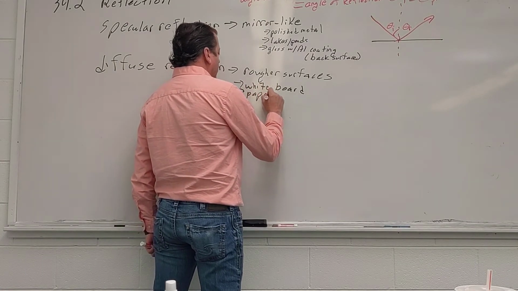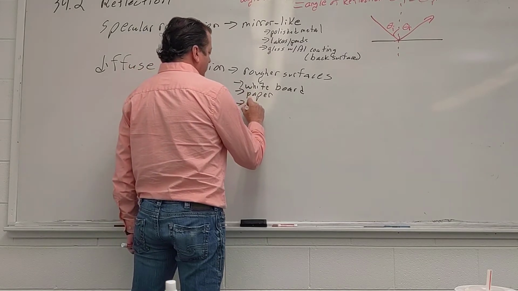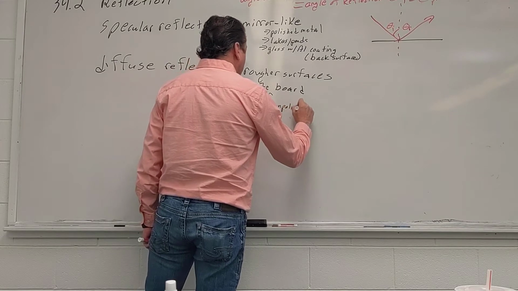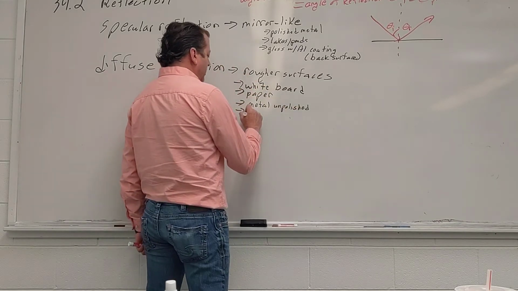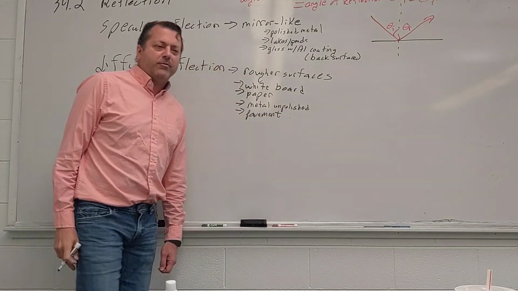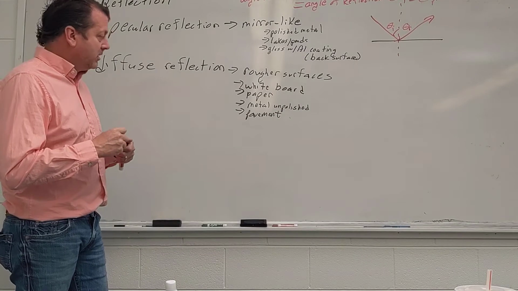Paper, it's definitely a diffuse reflector. Metal, unpolished. Pavement on a road. Carpet. I can keep going on. These are all diffuse reflectors.